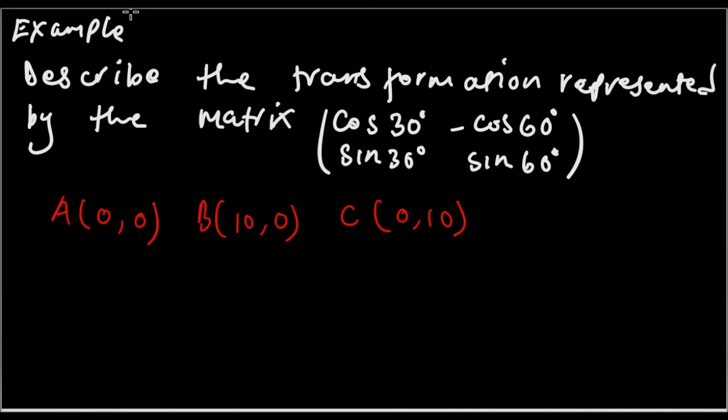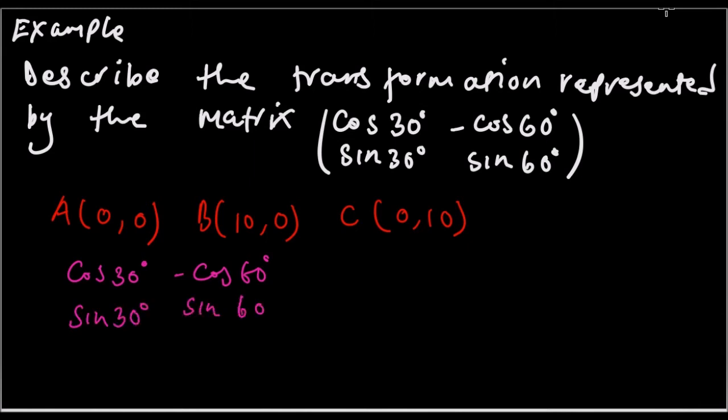So we write our matrix: cosine of 30 degrees, minus cosine of 60 degrees, sine of 30 degrees, and sine of 60 degrees.